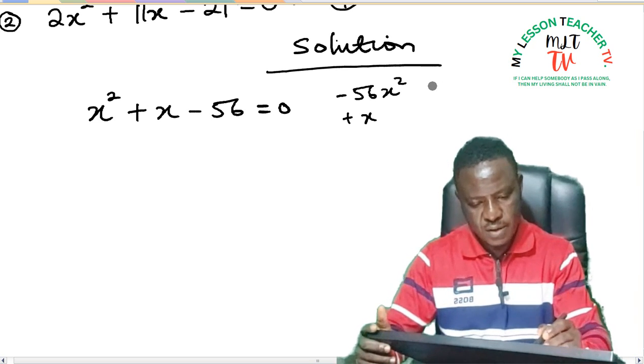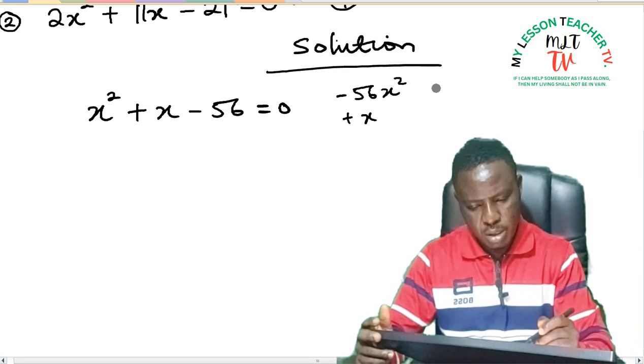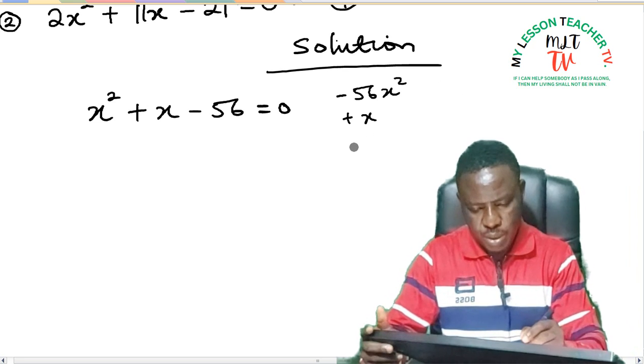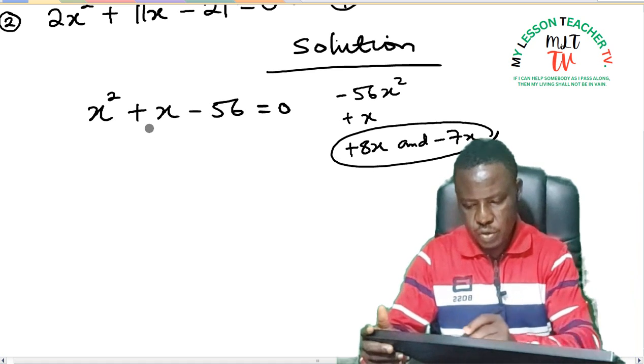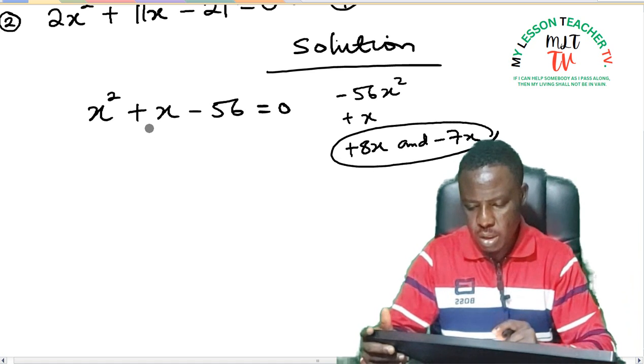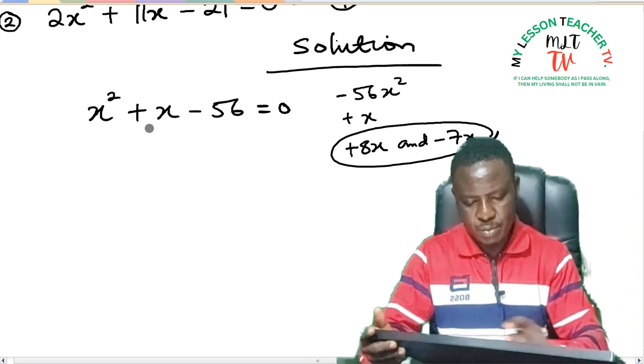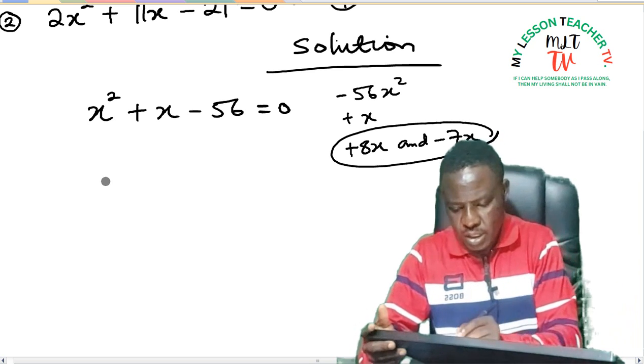I know that 7 times 8 is 56. So that will be plus 8x and minus 7x. Yes, when you add these two together, it gives you plus x, and when you multiply them together, it gives you minus 56.